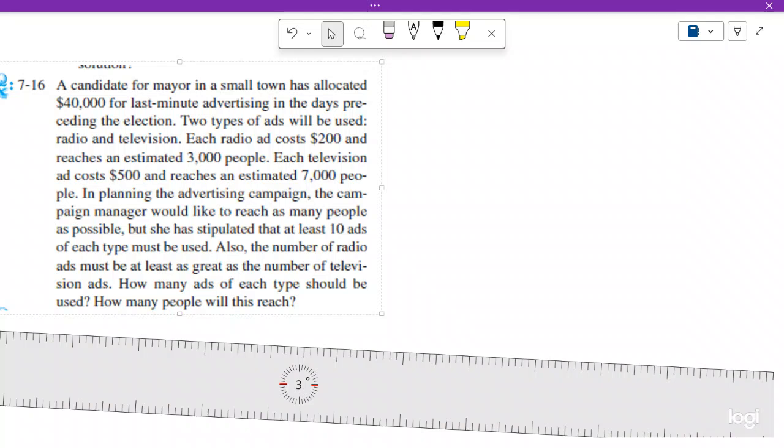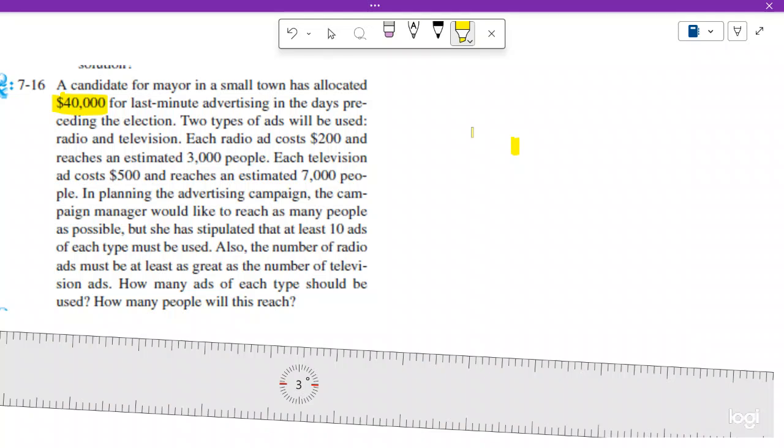For the last minute advertising in the days preceding the election, two types of ads will be used, radio and television. Yeah? 40,000 is your budget.